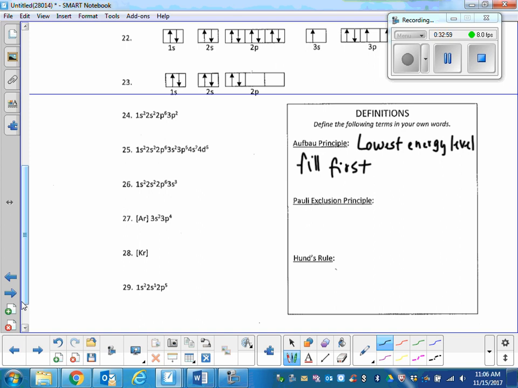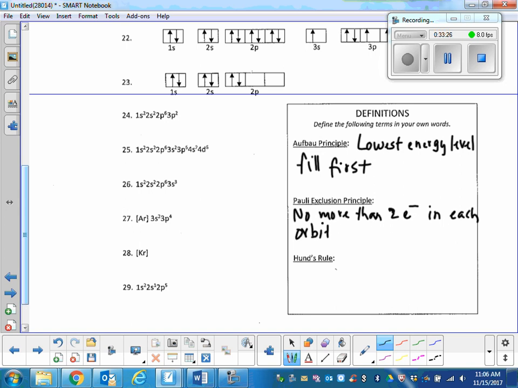So how many electrons do you put inside each box or each orbital? 2. Why can't you squeeze in the third? That's because of Pauli's exclusion principle. Remember, electrons hate each other. There is no space more than 2 in each. What does Pauli's exclusion principle state? We're going to write it in layman's language. No more than 2 electrons in each orbital.